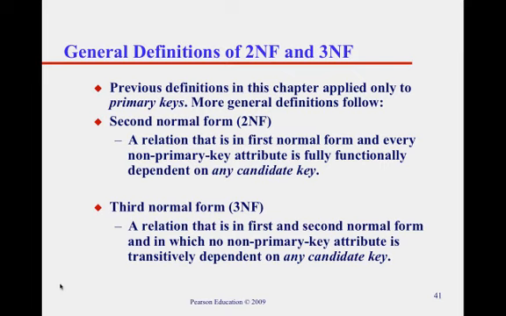A more general definition of second and third normal form is that in second normal form, you eliminate all partial dependencies on any candidate key, not just the primary. And in third normal form, you eliminate all transitive dependencies, not just on the primary key, but on any candidate key.